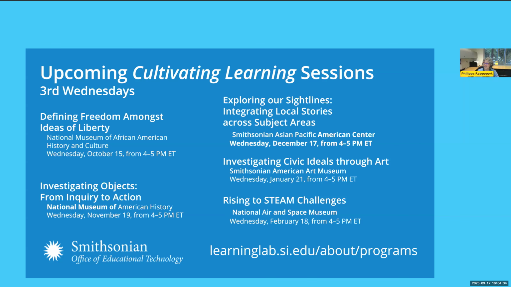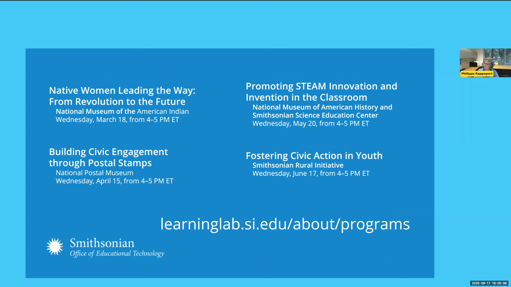In November, we'll investigate objects from inquiry to action with the National Museum of American History. And in December, we'll look at integrating local stories across subject areas with the Asian Pacific American Center. In January, we'll be joined by the American Art Museum to explore investigating civic ideals through art. In February, we'll look at STEAM challenges with the Air and Space Museum.